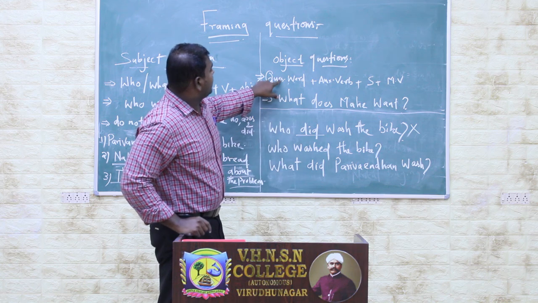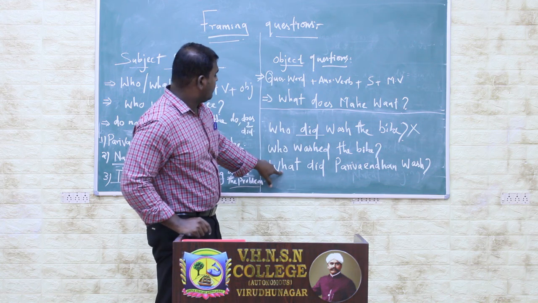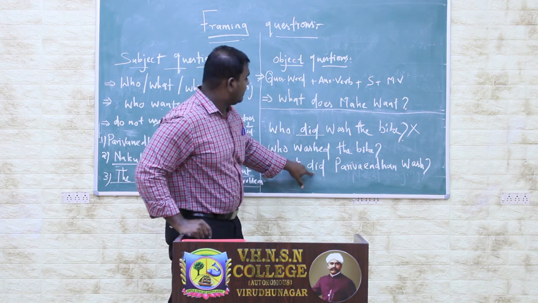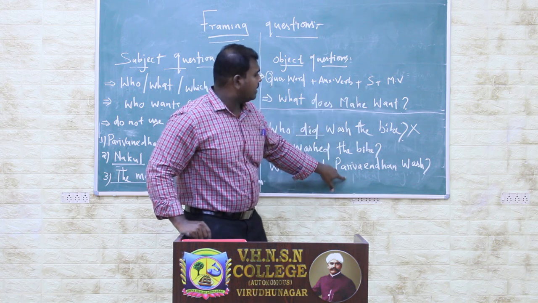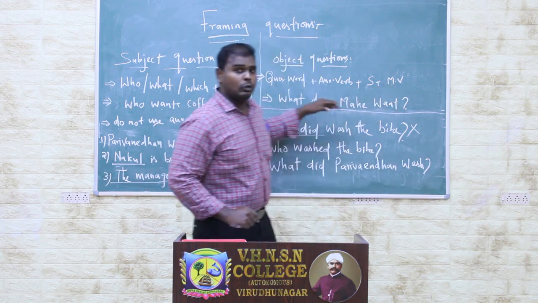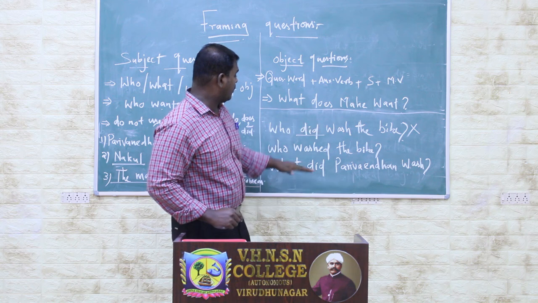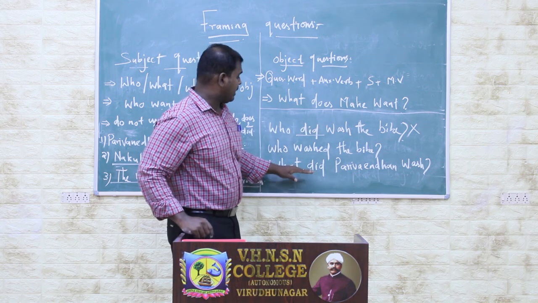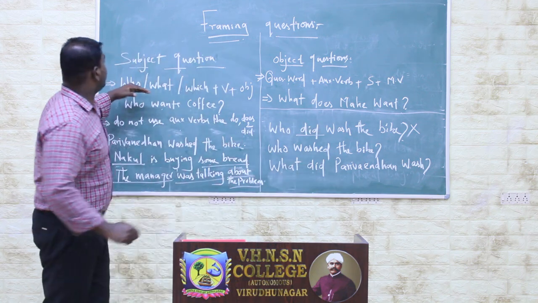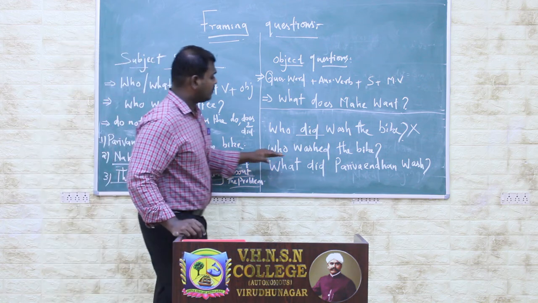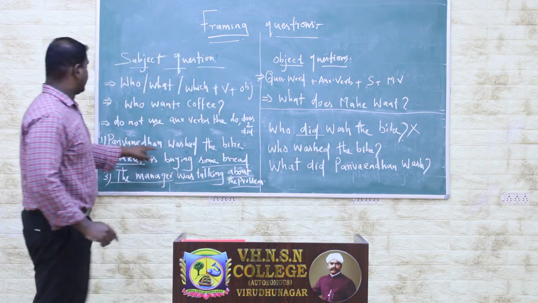Look at this formula: there is a question word, an auxiliary verb, a subject, and also a main verb. So by using this formula, we frame the object question like this, and by using the subject question formula, we frame the question like this, for this particular sentence.